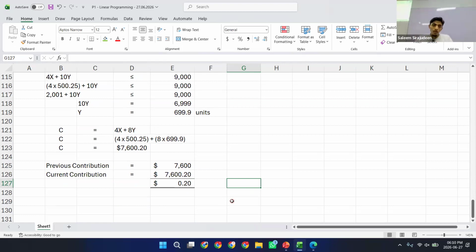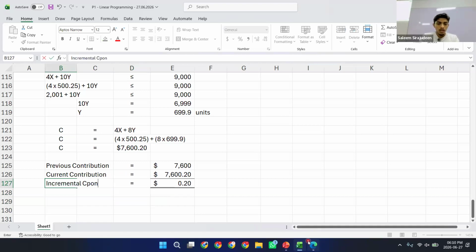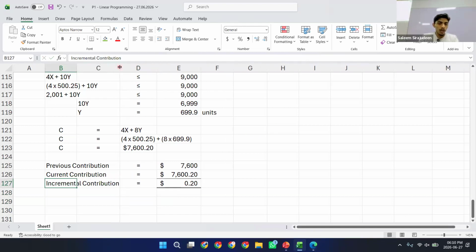Got it? So what's the shadow price? 0.20. So the incremental contribution will be the shadow price. Got it? Right.